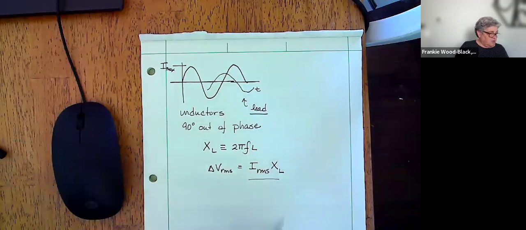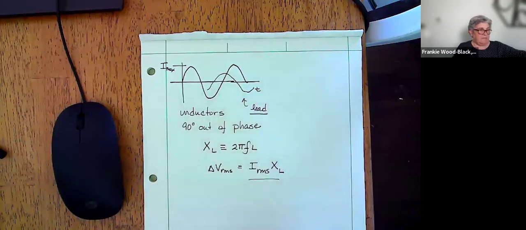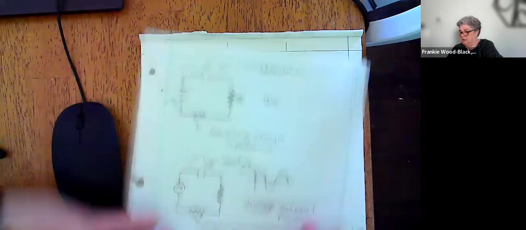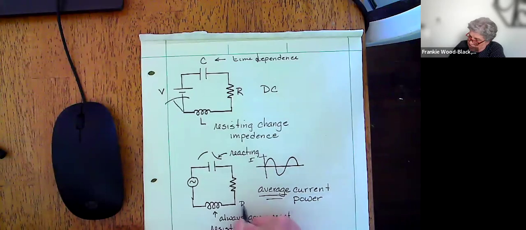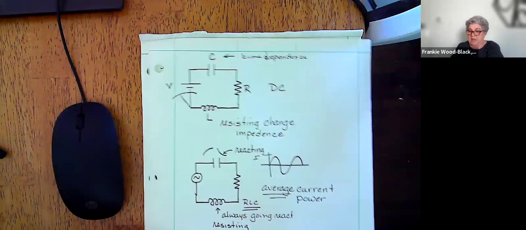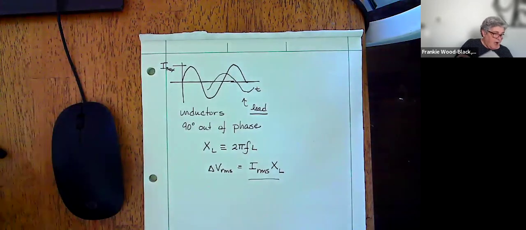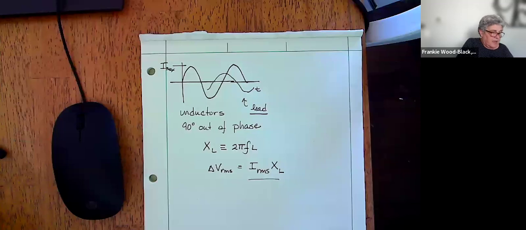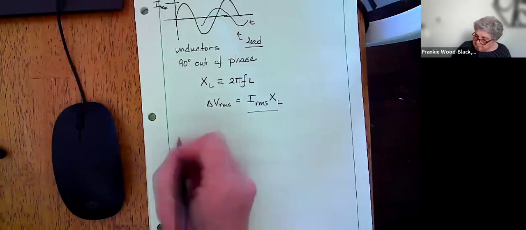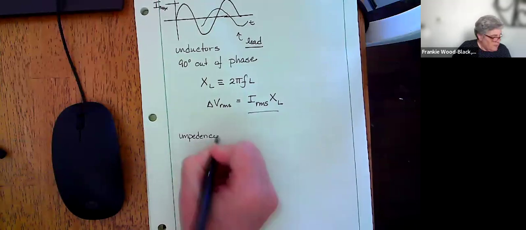Now we can have that piece. So if I have a circuit that has an R, L, and a C, so it's just like I have all three, this is called an RLC circuit. And I want to look at my voltage across my circuit. I'm going to get something that we call an impedance.